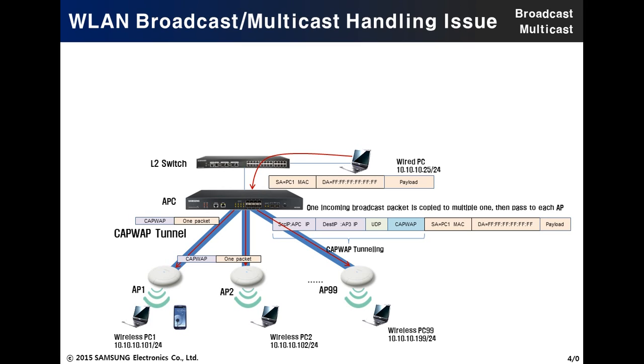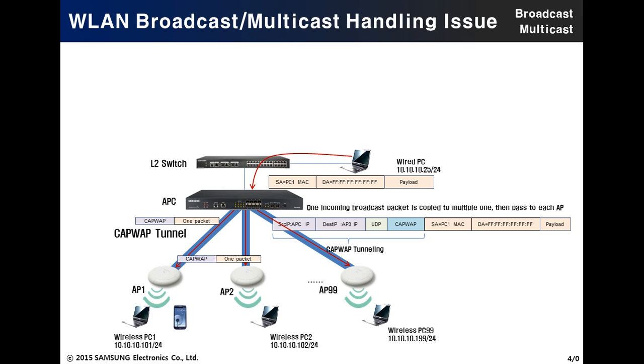All right, so as you can see here, there is a nice diagram which depicts a wired network that connects to the controller. If a wired PC on a 10.10.10 network sends a broadcast, which is then received on the controller, the controller has to make multiple copies of that broadcast and send it over the CAPWAP tunnel to all the access points where you have stations on that same network.